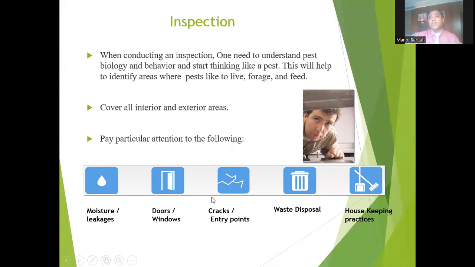Then waste disposal, because most public health pests are related to waste disposal systems and processes. Then, of course, housekeeping practices.